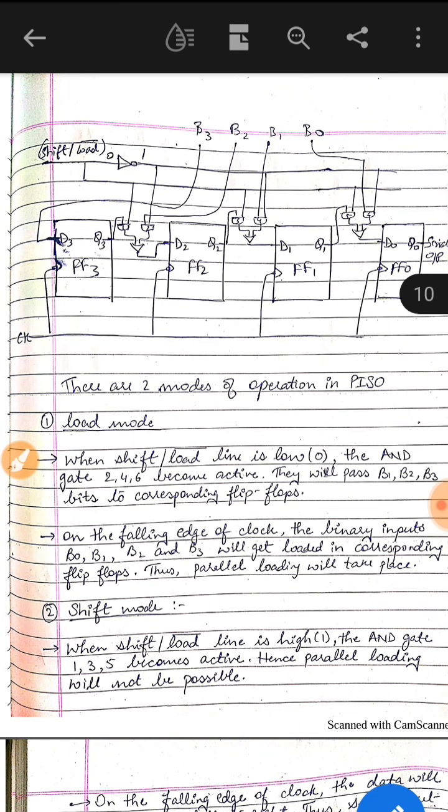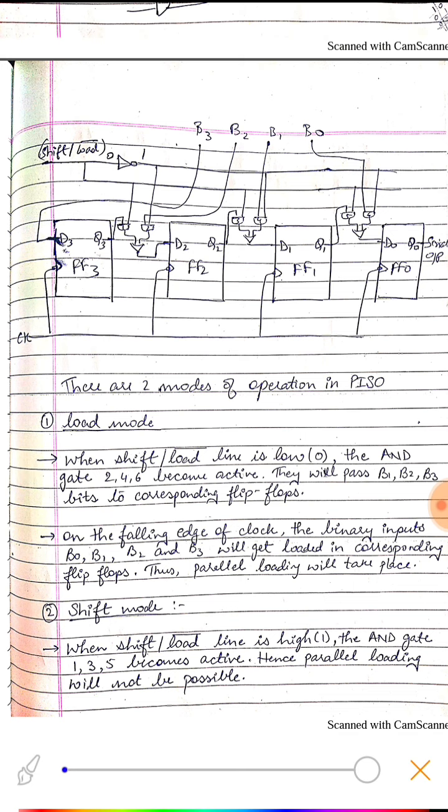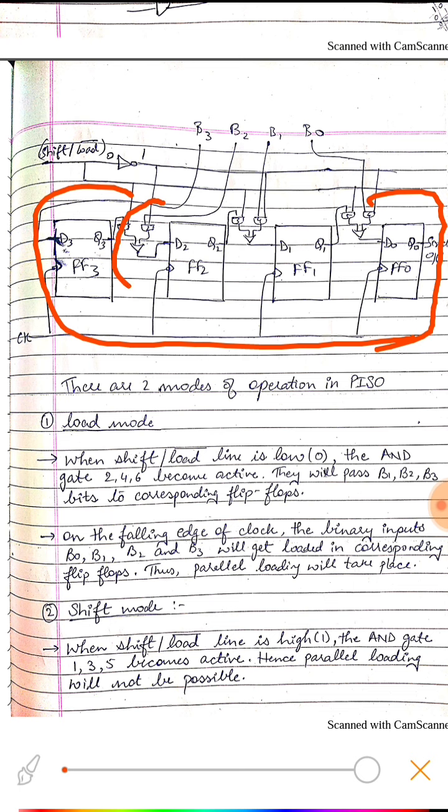Here we need to store 4 bits, so we would require 4 flip-flops, and this is the combinational circuit to choose between the operations shift and load.